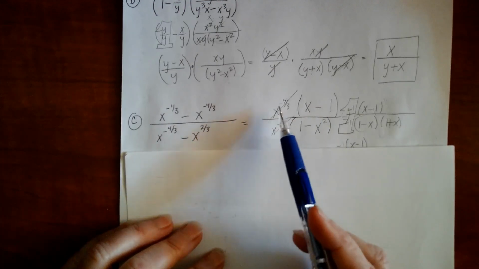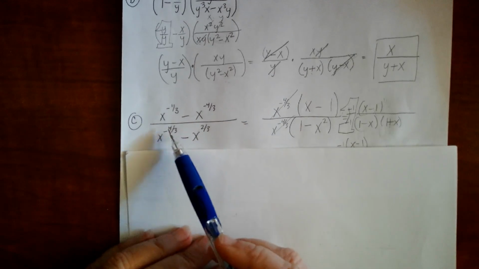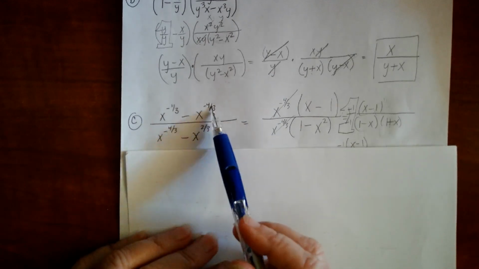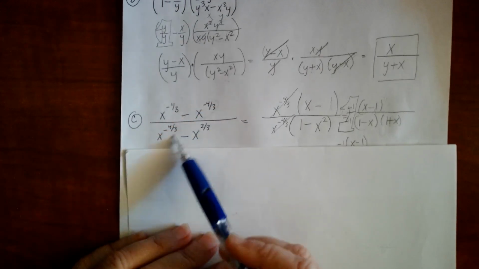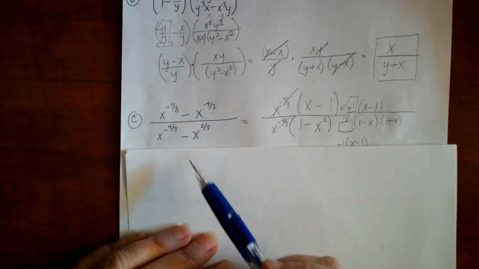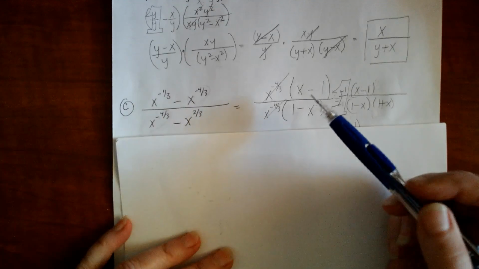I guess I should have known, because this term and this term are both the same, so you could factor it out and then it would cancel. So maybe I should have just noticed that right away.